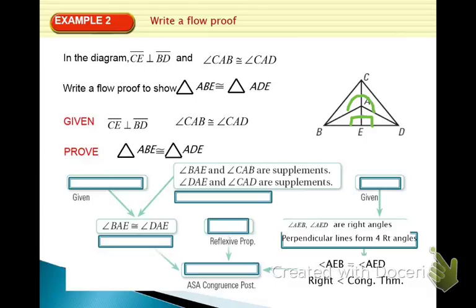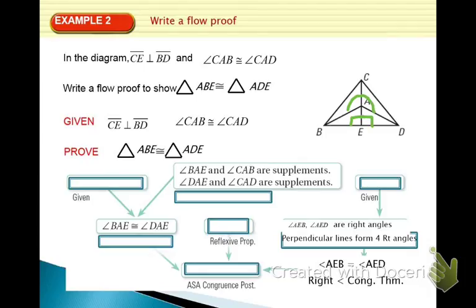So let's see what information the flow proof gives us. We've got BAE and CAB are supplements. And then we've got DAE and DAC are supplements. How do we know they are supplements? What is this pair of angles and this pair of angles?